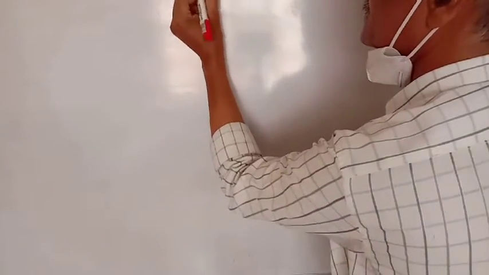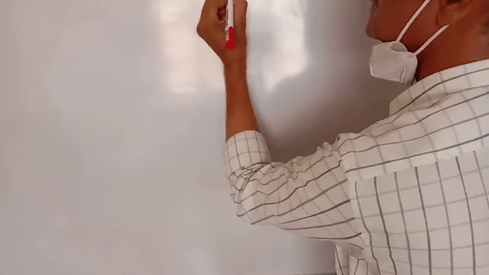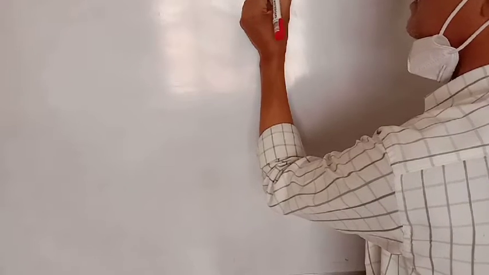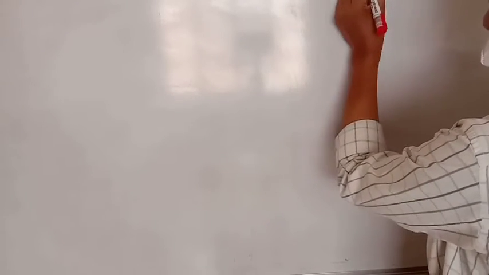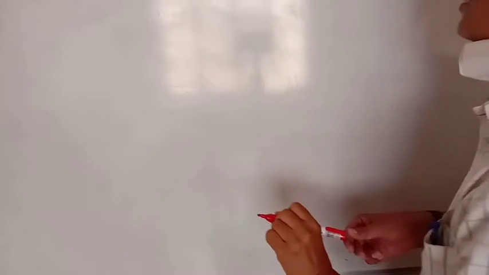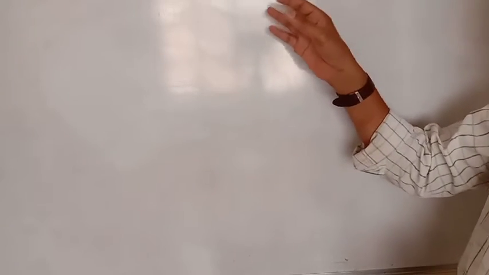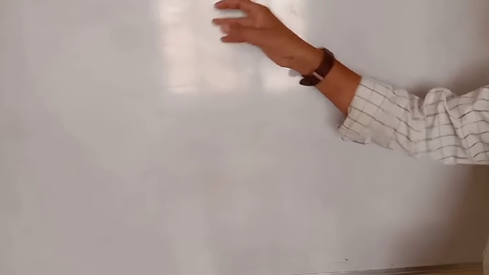NAND gate and NOR gate are called universal gates because all other gates can be constructed by using these two gates.